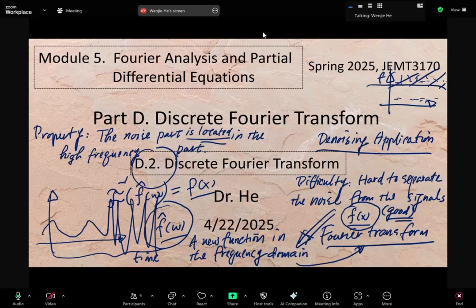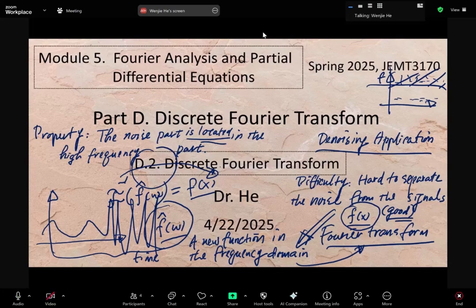The good signal has a small loss, but it's not a big loss, so you can accept it. After this noise removal, we need to go back to the time domain by the Fourier inverse transform.